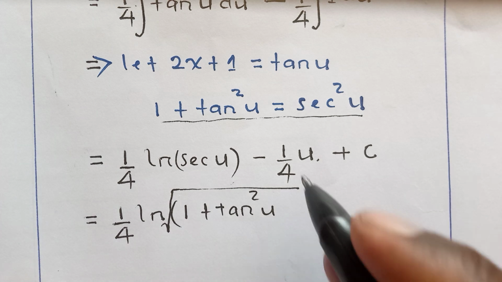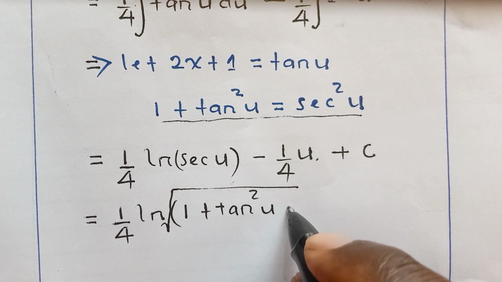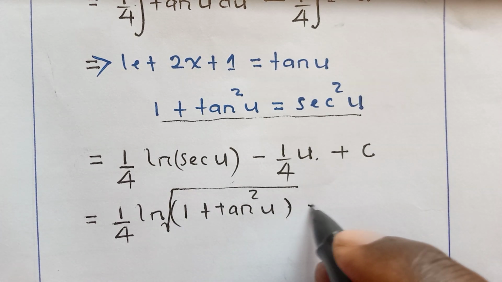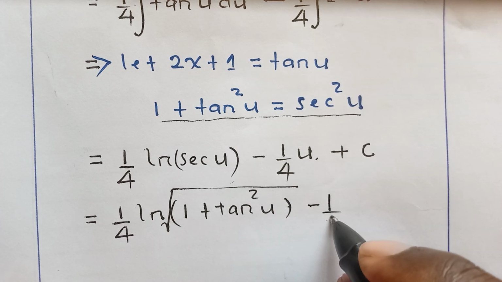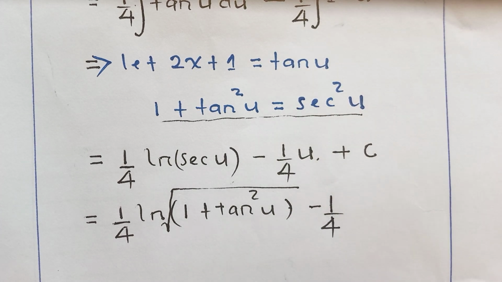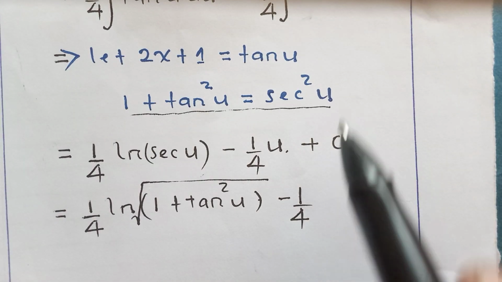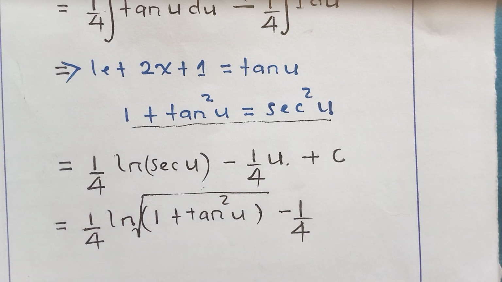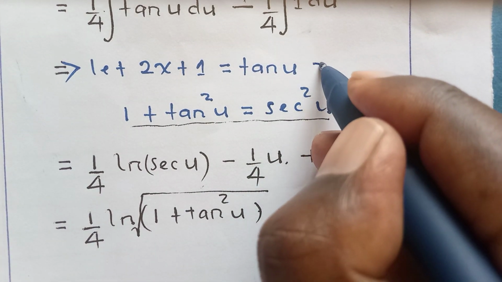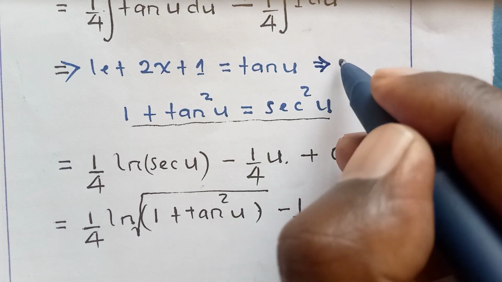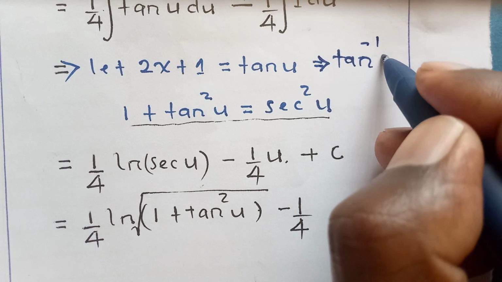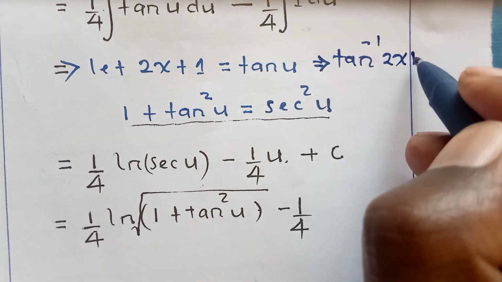And so this square root of that one, we're going to replace it here, sec u for sec u. Minus a quarter for u here, we shall have from this, you can have tan inverse 2x plus 1.